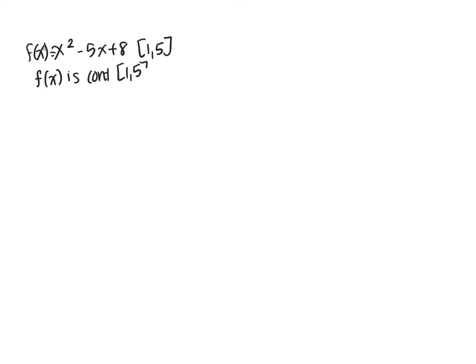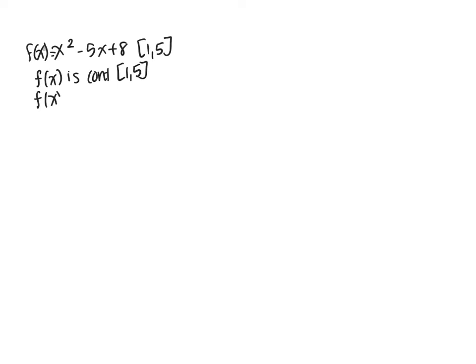So again, I'm just going to start with the first one I have here, which happens to be x squared minus 5x plus 8. Let's set that up as f of x equals x squared minus 5x plus 8. My interval, I am told, is from 1 to 5. And I need to start with my statements that f of x is continuous over the closed interval.